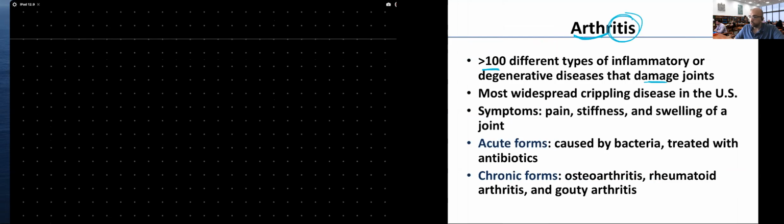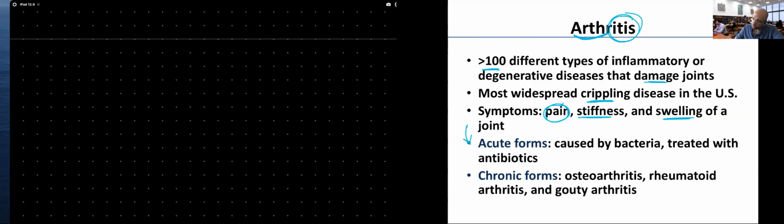This is the most widespread crippling disease in the US, and all types of arthritis are characterized by pain, stiffness in the joint, and swelling of the joint.